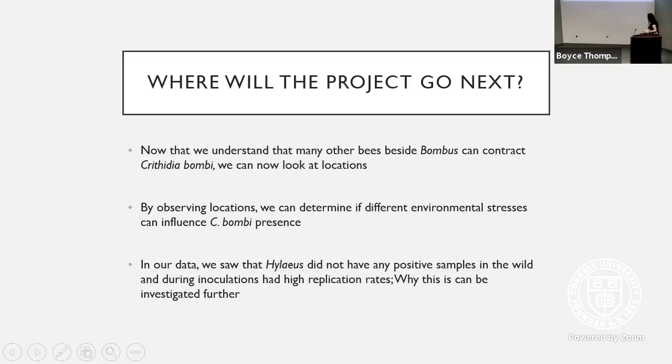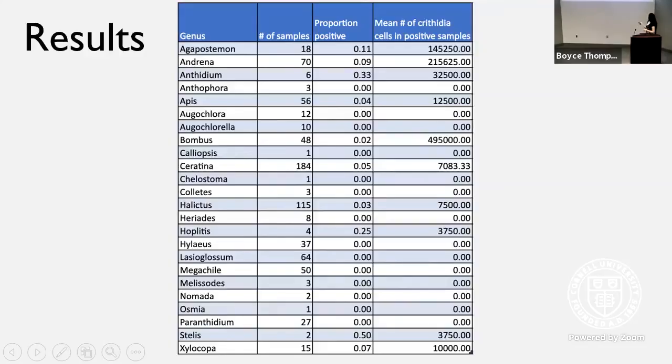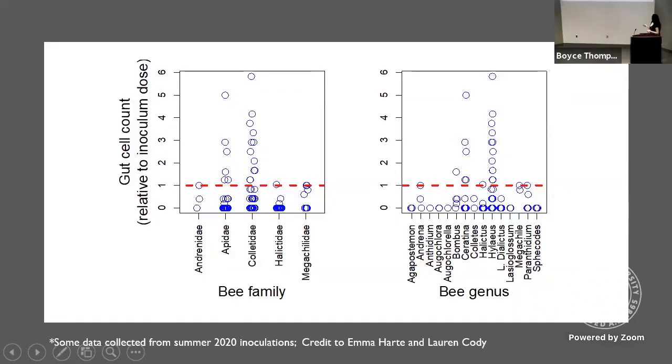The other question then too is, if I can go back really quickly to this table here, you can see that Hylaeus, which was found to have really high replication rates in our inoculation data, has had 0 positives in the wild, even though clearly there's a lot of data that suggests that they can have Crithidia.